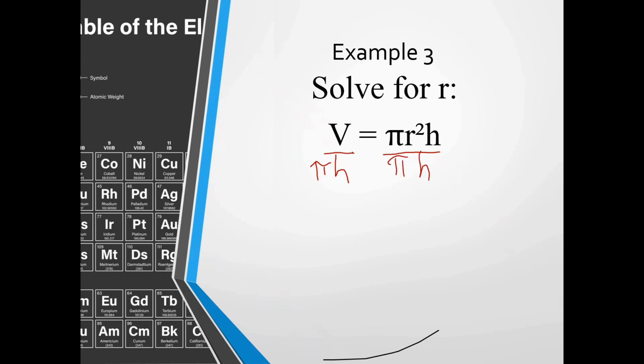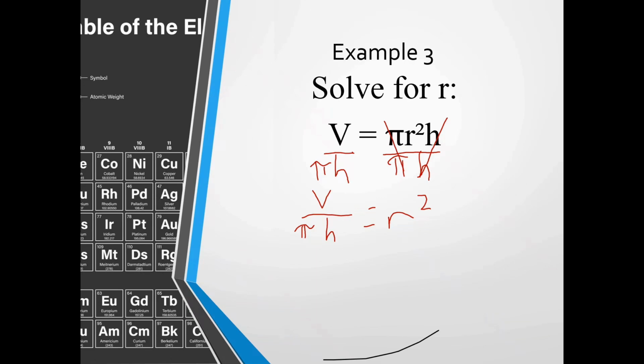Now we know v cannot be divided by pi or h, so we keep them as a fraction. Equals, we know pi could be divided by pi and h could be divided by h. So that leaves us r squared. Now remember, we want to know what r is, so we've got to get rid of the square.